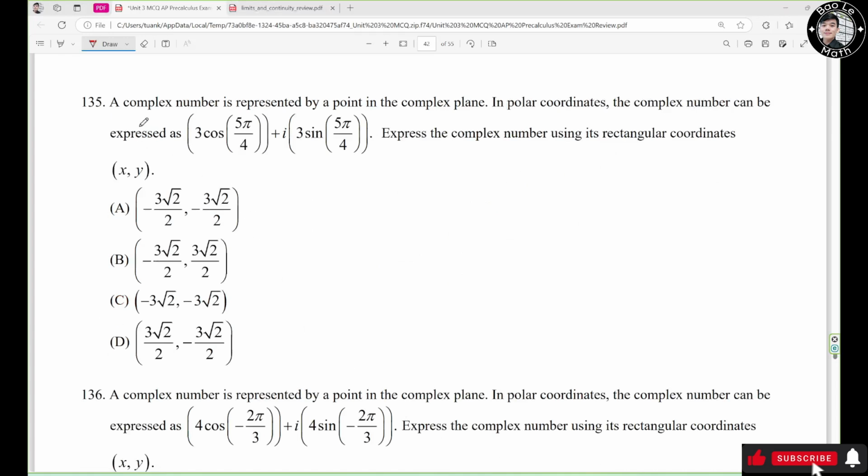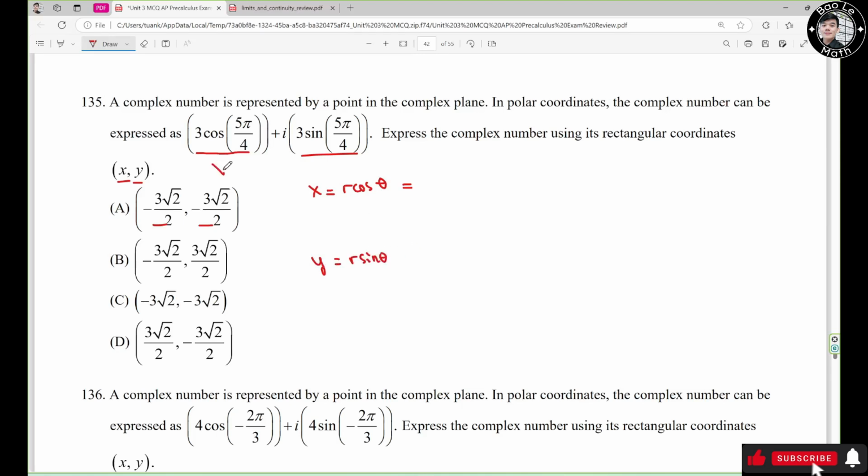Now let's move on to question 135. Given the complex number in the polar coordinate form, right? Now we need to convert this one into the rectangular coordinates x and y right here. Alright, so we need to use the formula x equals r cosine theta, y equals r sine theta, right?